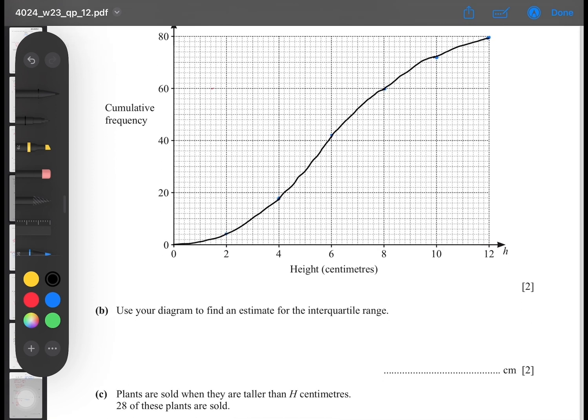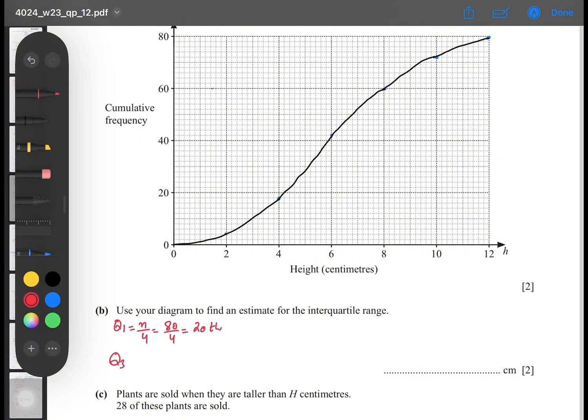Part B. Use your diagram to find an estimate for the interquartile range. To find the interquartile range, I find Q1 and Q3. The formula for Q1 is n over 4, where the total frequency is 80. So 80 over 4 is equal to the 20th term on cumulative frequency.